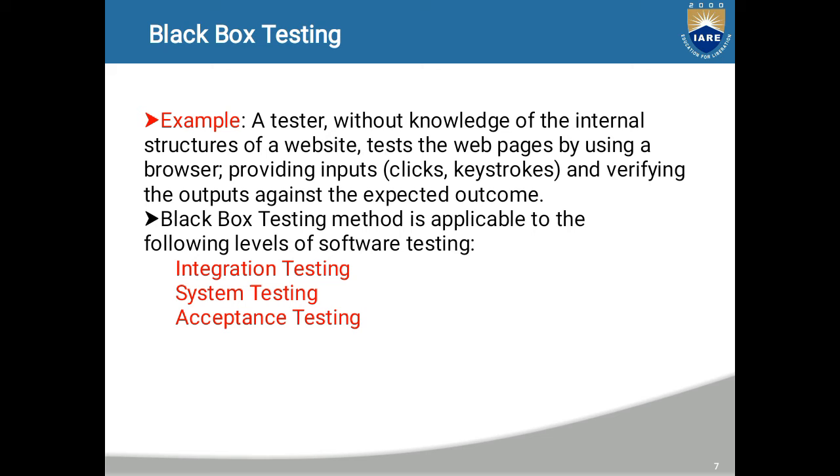Let us see briefly about each. What is integration testing? Integration testing is a level of software testing where individual units are combined and tested as a group. The purpose of this level of testing is to expose faults in the interaction between the integrated units. Test drivers and test stubs are used to assist in integration testing. What is system testing? System testing is a level of testing that validates the complete and fully integrated software product.